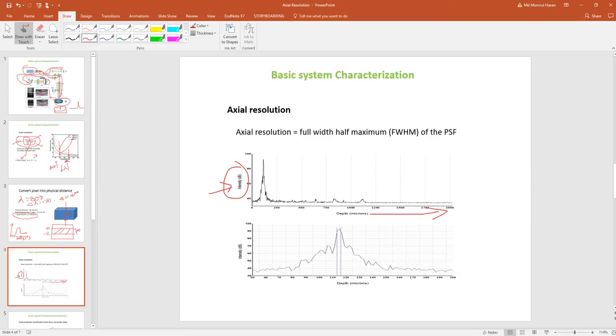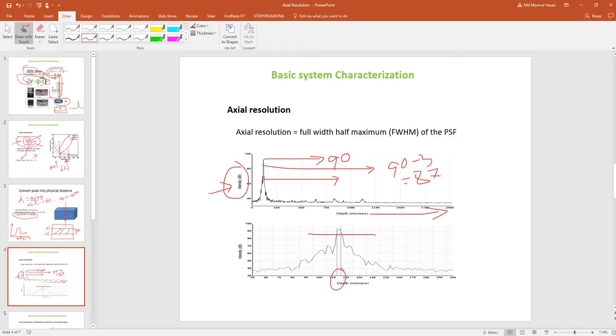What we need to figure out is the full width at half maximum. Since it is in dB, we look at the maximum value, say 90 dB, and the half power value is at the minus 3 dB point.